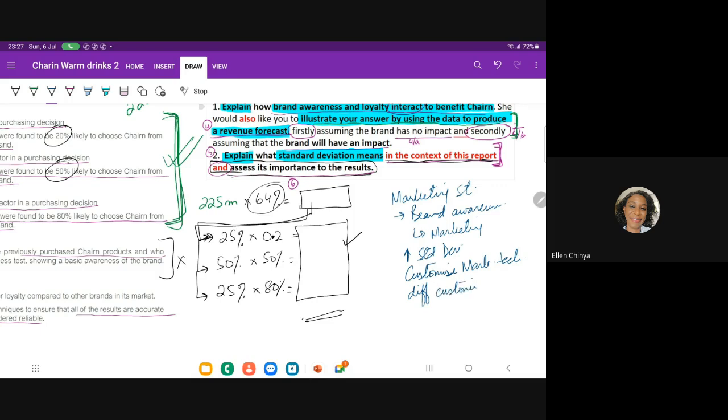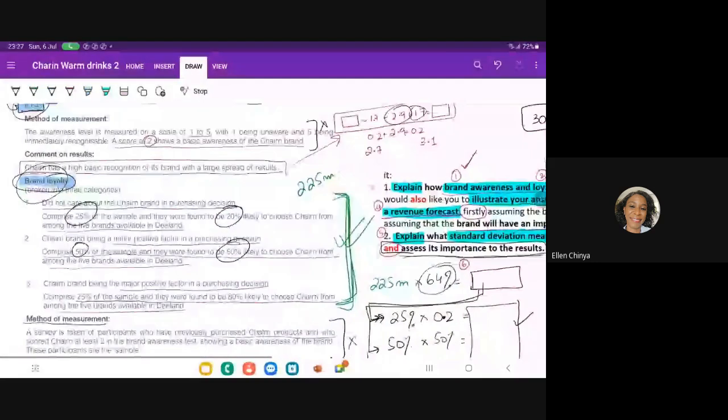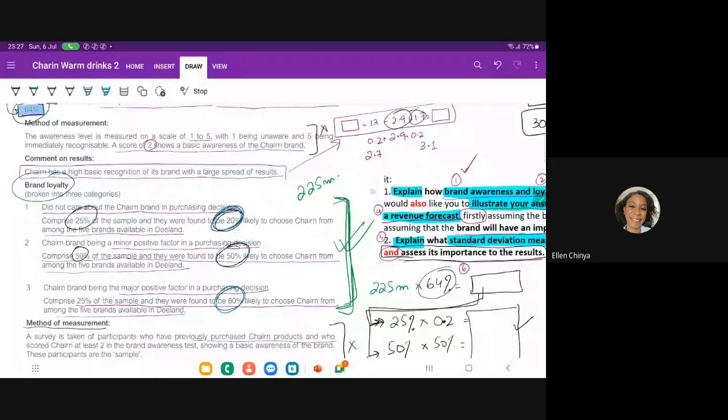right? Similarly, the second one is brand loyalty. If you see the brand loyalty, and if the deviation is high, deviation in the sense that there are few people who are more likely to buy the product, there are few people who are less likely to buy the product, and there are people who are indifferent about buying the product.